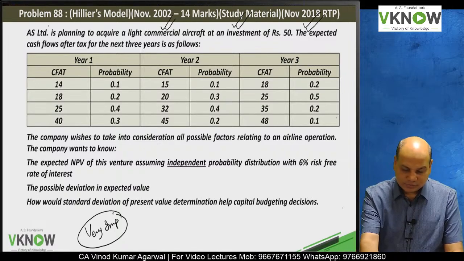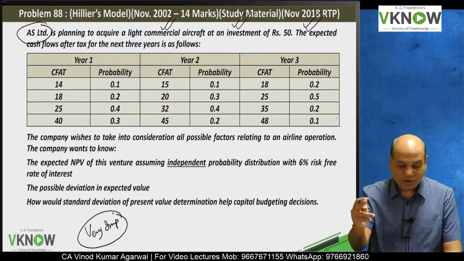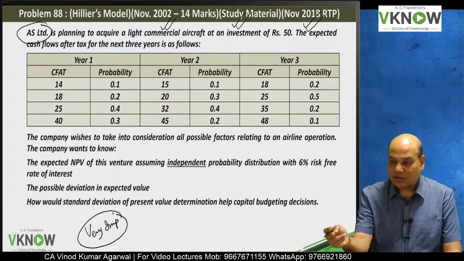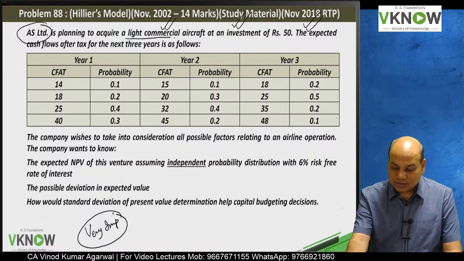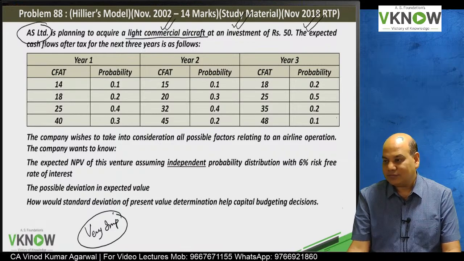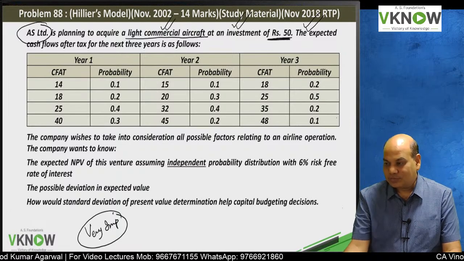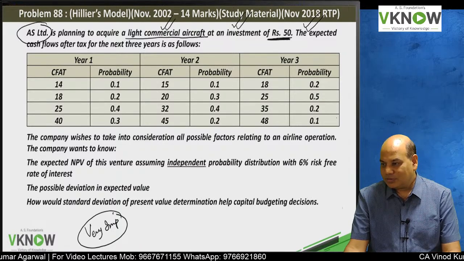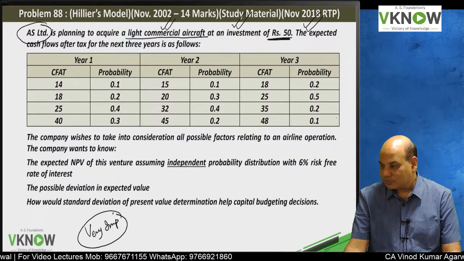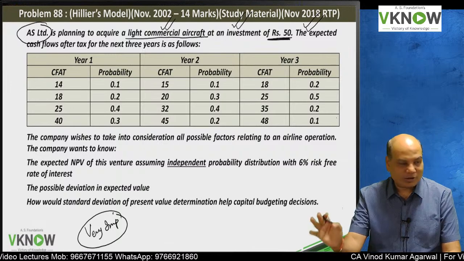AS Limited is planning to acquire a light commercial aircraft at an investment of rupees 50. In 50 you will not get a paper aircraft also. Maybe it is 50 crore or 50 lakh or 50 million, I don't know.